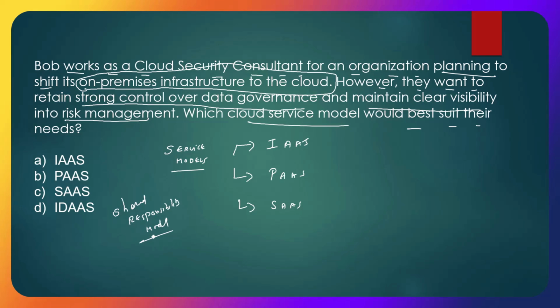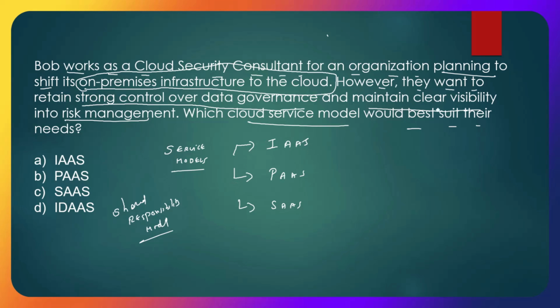In this question, they're talking about wanting to migrate on-prem infra to the cloud, that's good. But they want to retain strong control over data governance. Data governance is what? Data access policies, what kind of encryption to protect the data, access control policies, implementing the access control for accessing the data, following a proper data life cycle, everything.